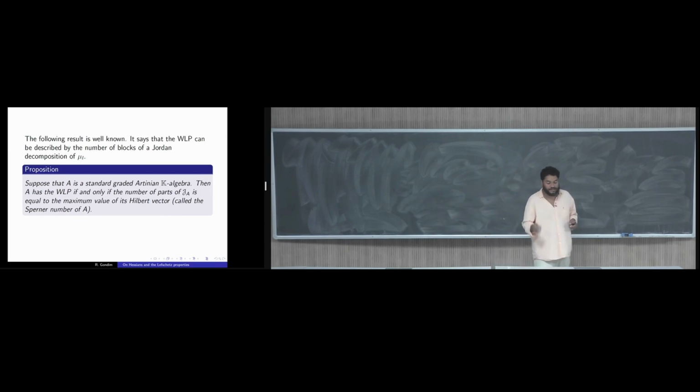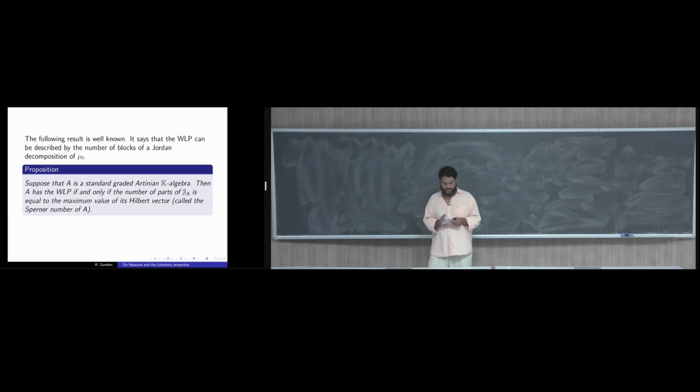And in the case L is a double P element, so we are assuming that A has the double P, this number coincides with the number of parts of the partition and the maximum value of the Hilbert function.